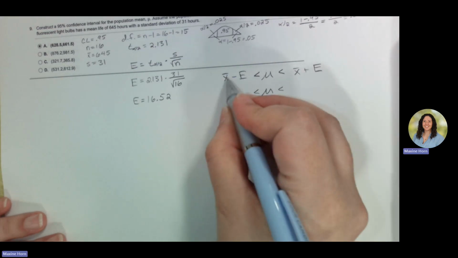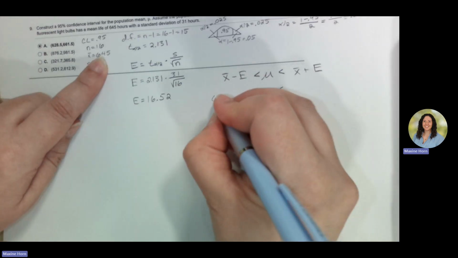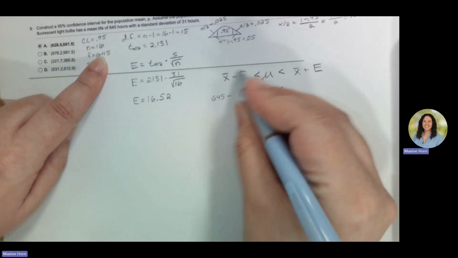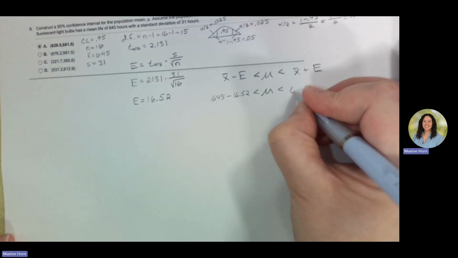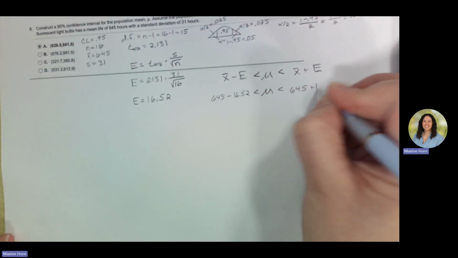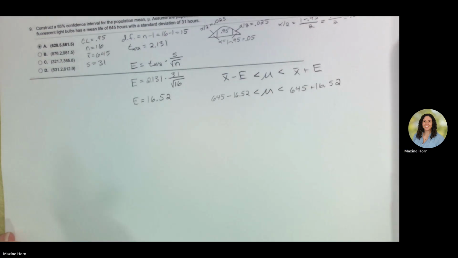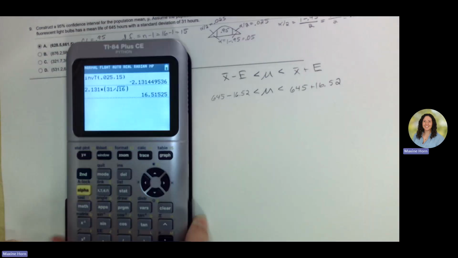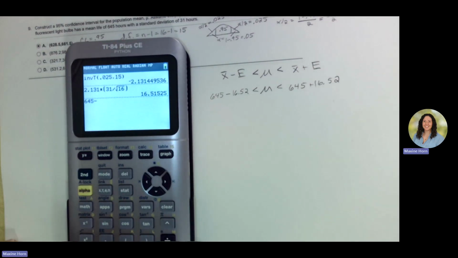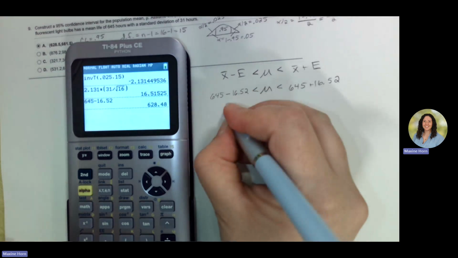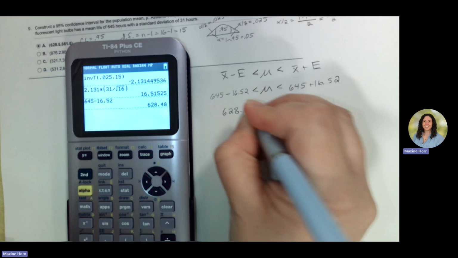Okay, what's our sample mean? 645. What's our margin of error? 16.52. So 645 plus 16.52. Okay, so in the calculator, 645, whoops, minus 16.52. Okay, and over here, we're going to get 628.48.